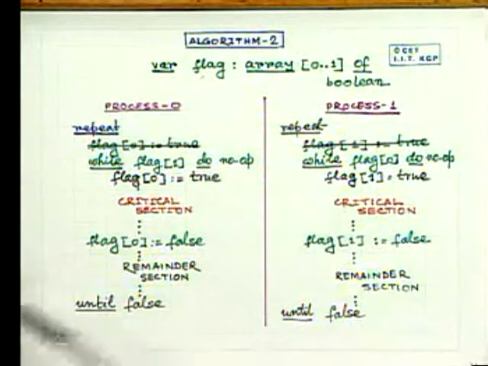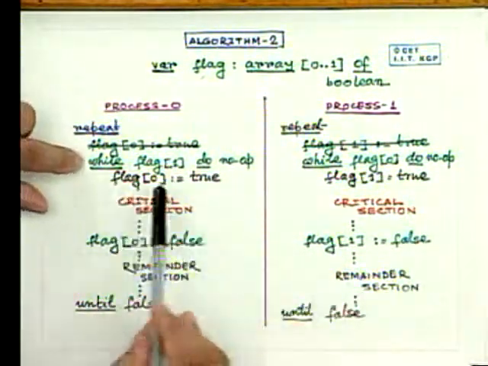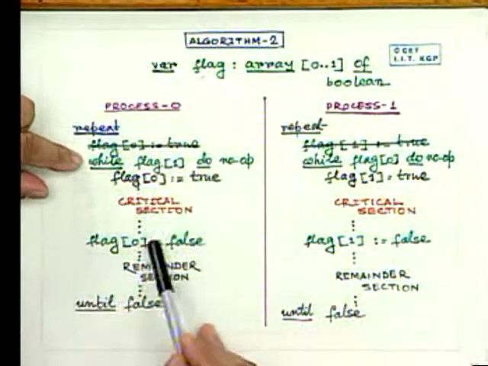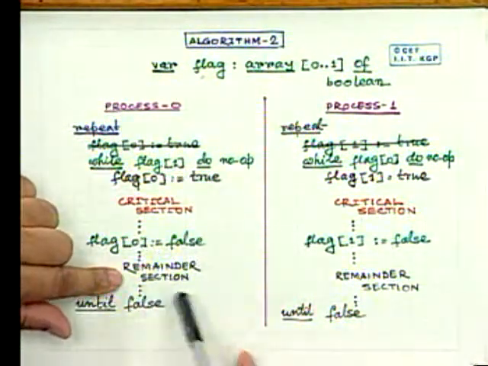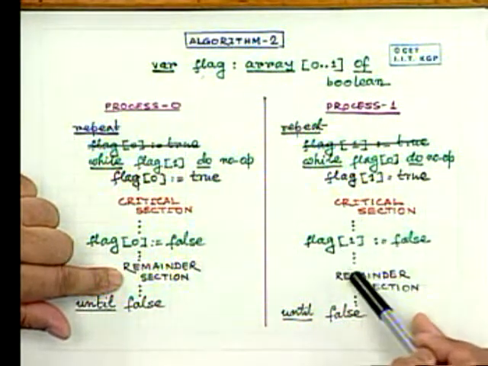Now, in that case, the situation may turn out to be that flag 0 equal to false in the remainder section. This enters the critical section, makes flag 1 equal to false.